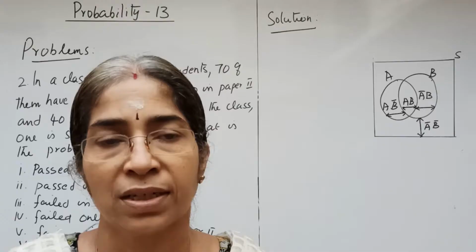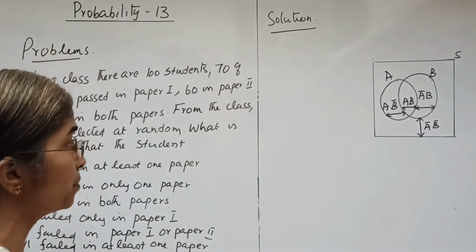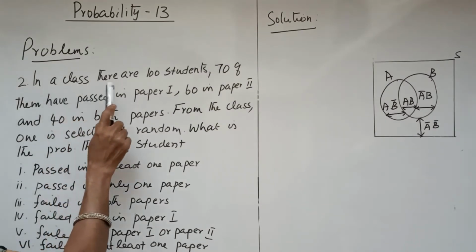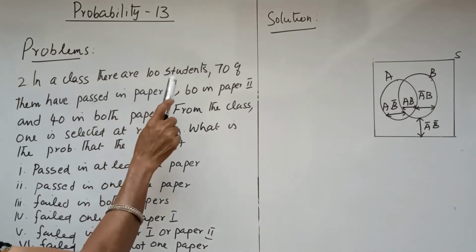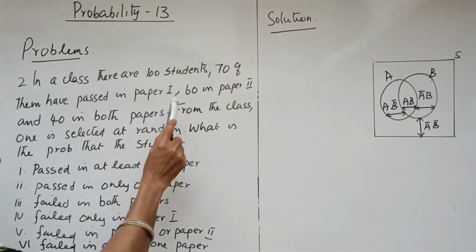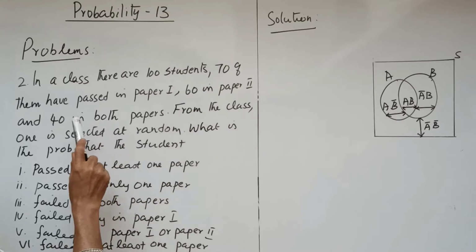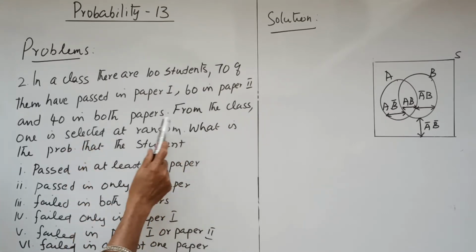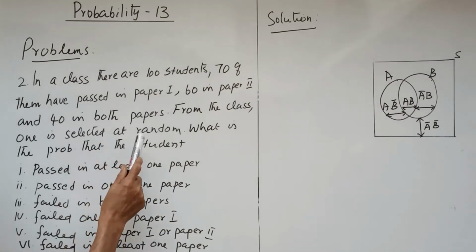Now we consider the next problem. In a class there are 100 students. 70 of them have passed in paper 1, 60 in paper 2 and 40 in both papers. From the class, one is selected at random.